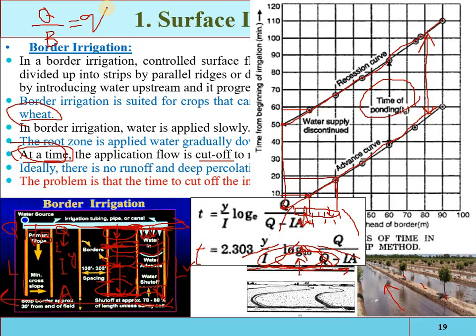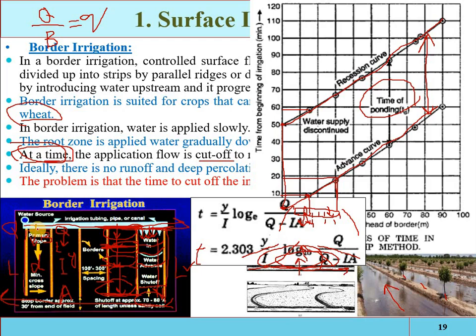And D is the depth of the irrigation water, meaning how much water you have to apply in one irrigation.